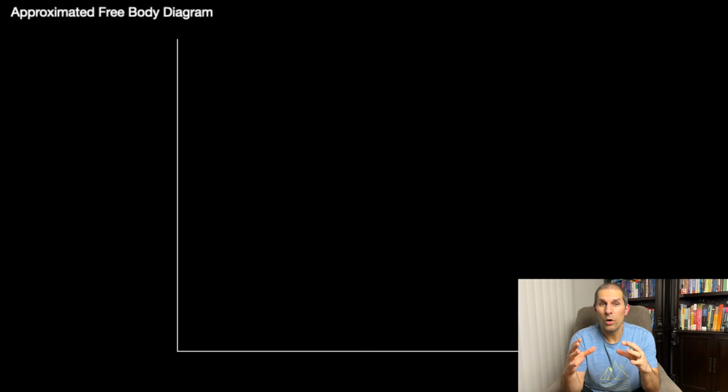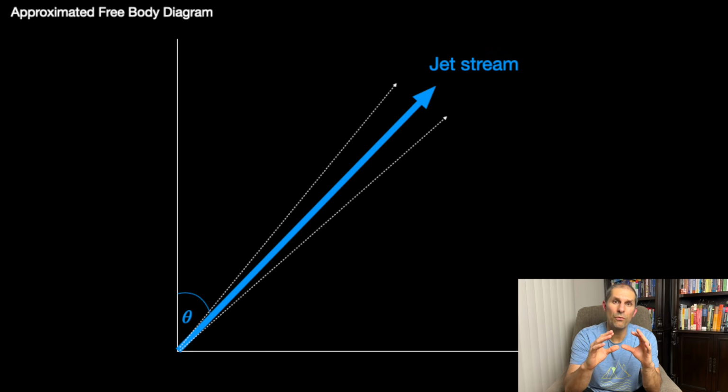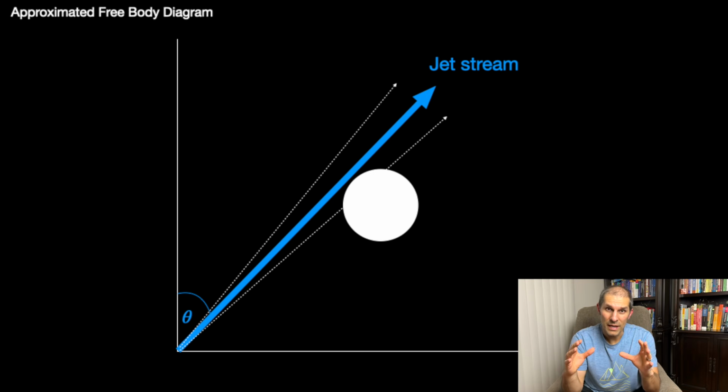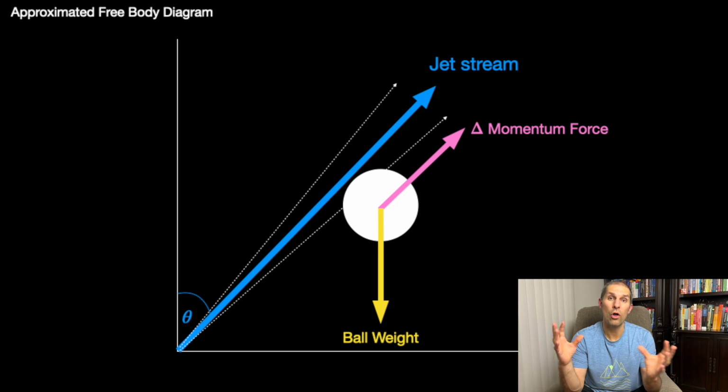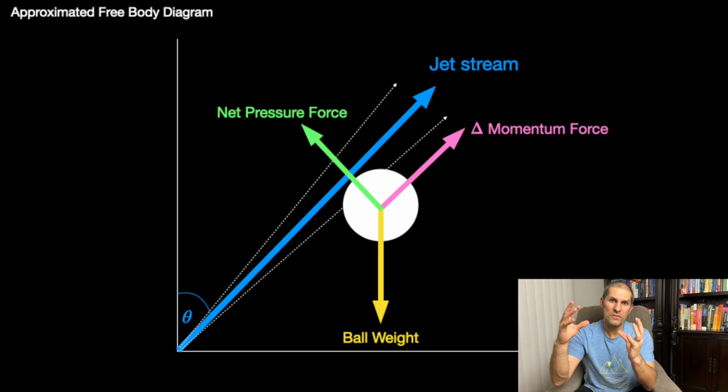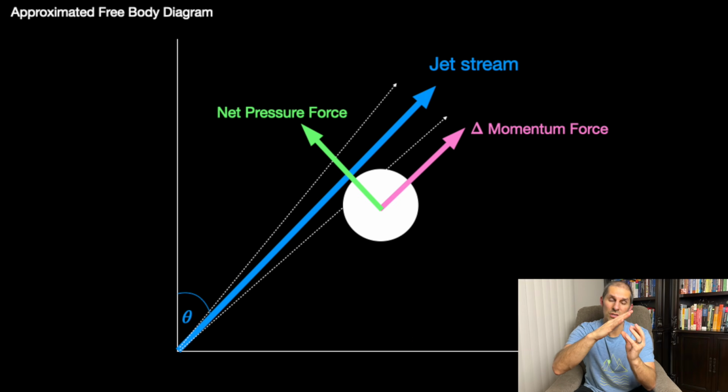However, the primary one appears to be that a jet stream is created and it imparts a force on the ball, which starts to push it up. Now, that jet stream is at a high velocity, so the pressure within that jet stream along the center line is low compared to the atmospheric pressure all around the ball. And so it's this atmospheric pressure that pushes the ball up and keeps it attached to the low pressure region of the jet stream.